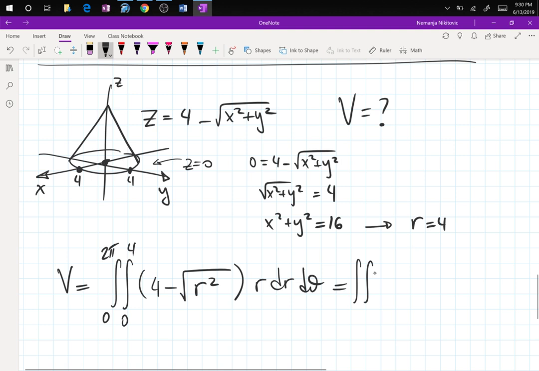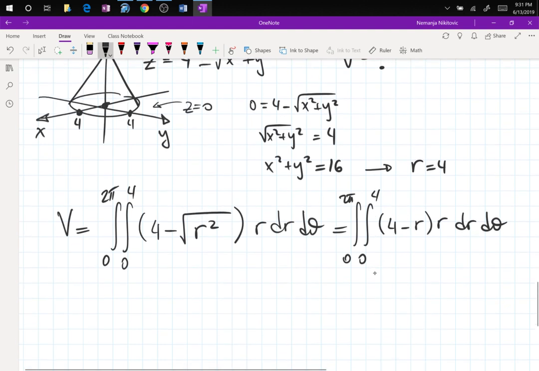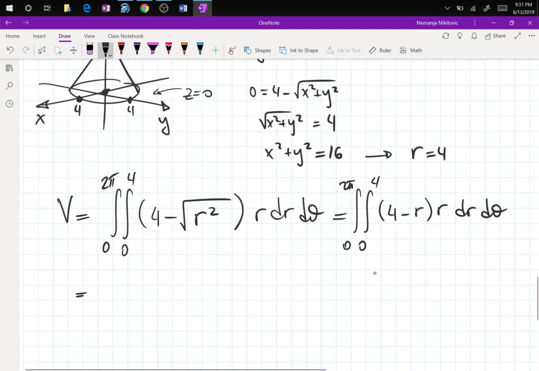So this problem simplifies into double integral of 4 minus r times dr d theta. And finally multiply by that r to get the problem in its simplest form so you can integrate.